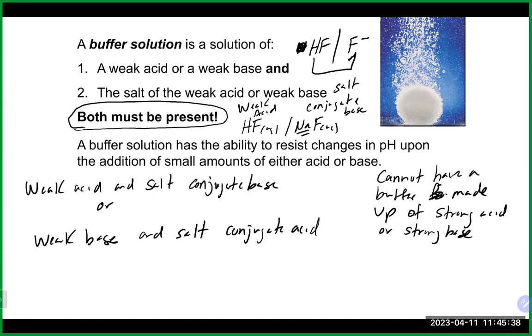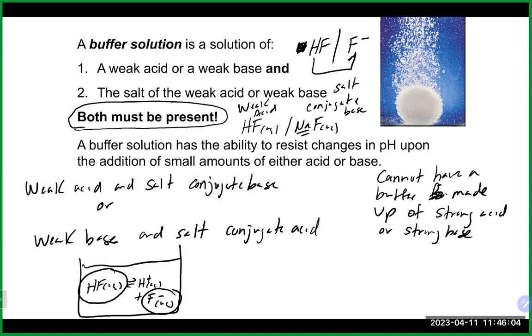So when we have something like HF and sodium fluoride as our weak acid and salt of its conjugate base, what happens in solution is that hydrofluoric acid, as I drew on the last one, will be able to set up an equilibrium where it will be able to keep in solution both parts of that buffer that's needed.